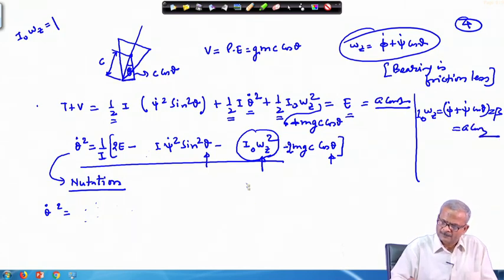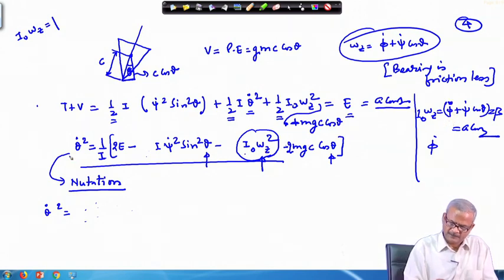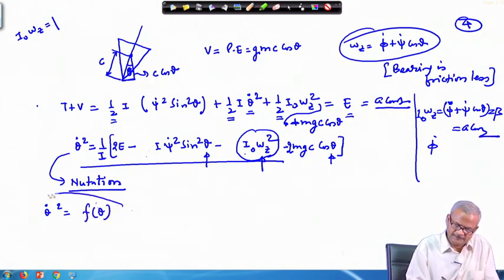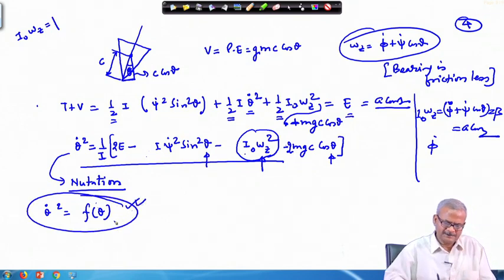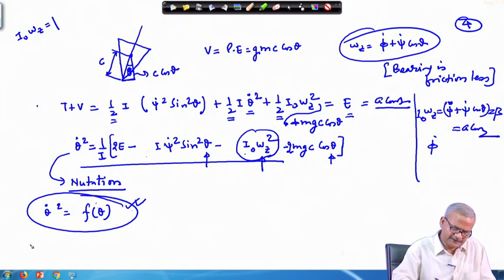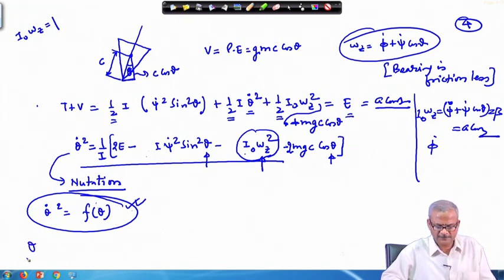Okay. So, I 0 is a constant, therefore this quantity is a constant. So, phi dot is not manifesting anywhere, as omega z is a constant, it enters along with this. So, this theta dot is not a function of phi dot or any other term, it is just a function of theta, and therefore this can be integrated. Okay, and if you integrate, you will get the solution for theta.